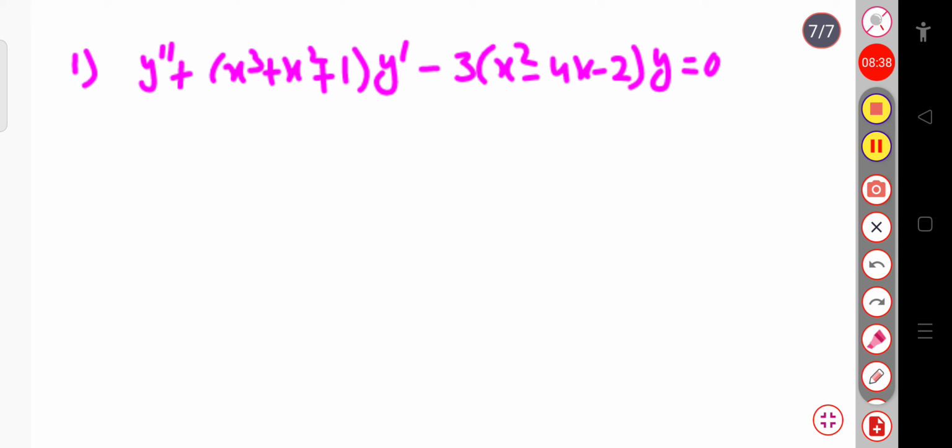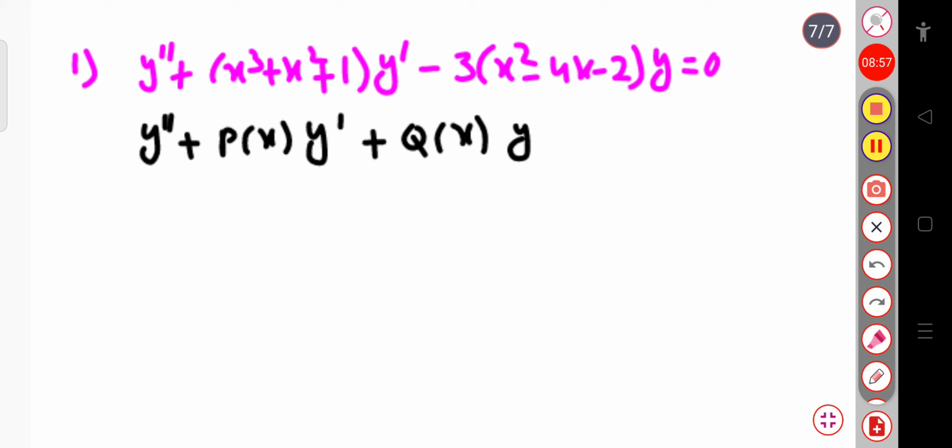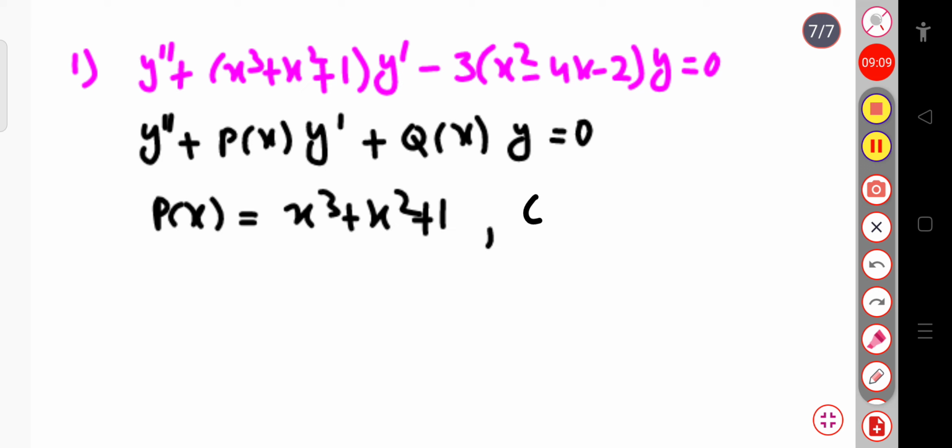If I compare with the general equation y double dash plus p of x y prime plus q of x y equal to 0, then p of x is the coefficient of y prime, x cube plus x square plus 1, and q of x is minus 3 times x square minus 4x minus 2.